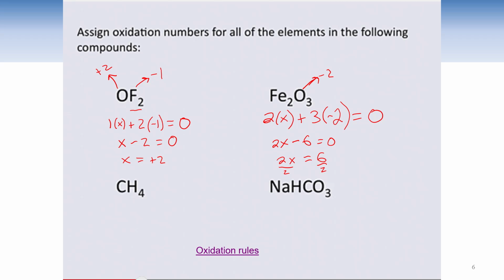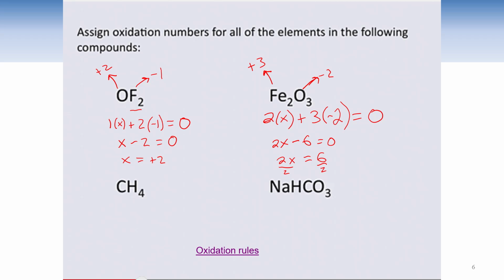X is equal to 3. So the oxidation number on iron is +3. When assigning oxidation numbers, we always want to put plus or minus. So it's either a positive oxidation number, a minus oxidation number, or it's 0. 0 obviously doesn't need the plus or minus.